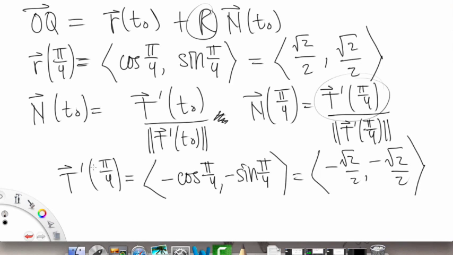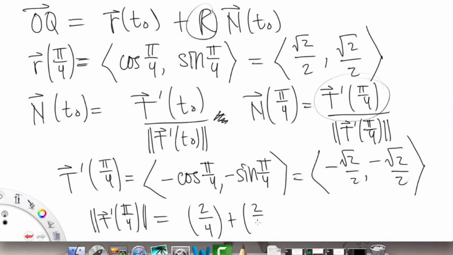That's for T prime. And then if we take the magnitude of this, T prime at pi over 4 is going to equal each of these squared, so 2 over 4 plus 2 over 4, which is 1/2 plus 1/2. So that means that the magnitude is just going to be 1.